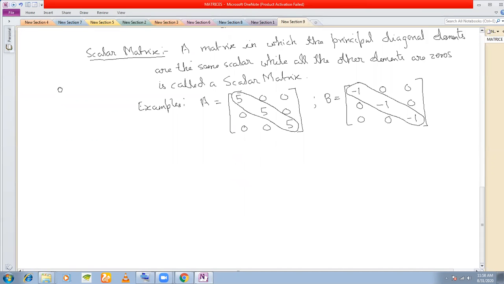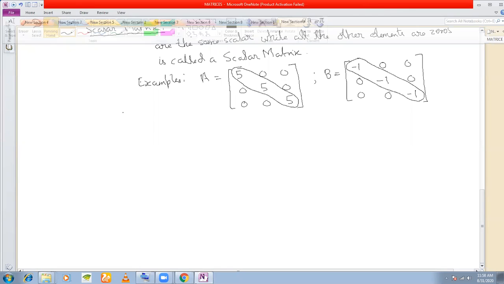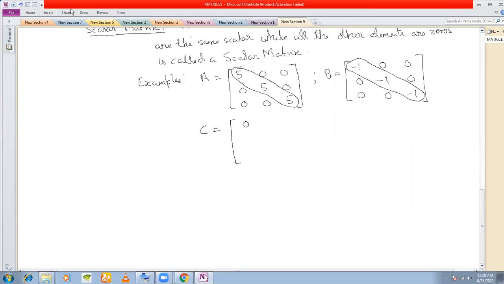Therefore this is also a scalar matrix. Let me take another example. This is also a scalar matrix because all the principal diagonal elements are the same scalar. Such matrices are called scalar matrices.